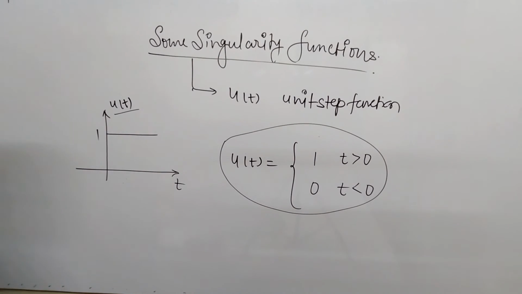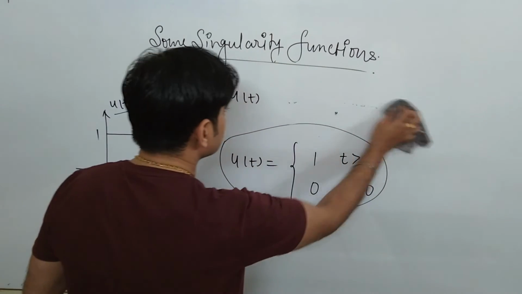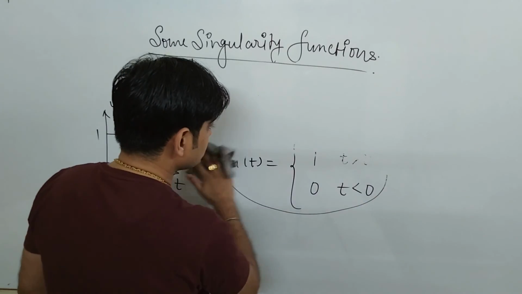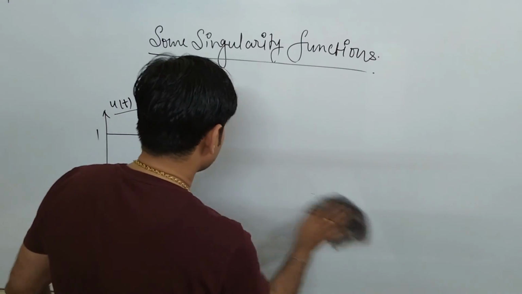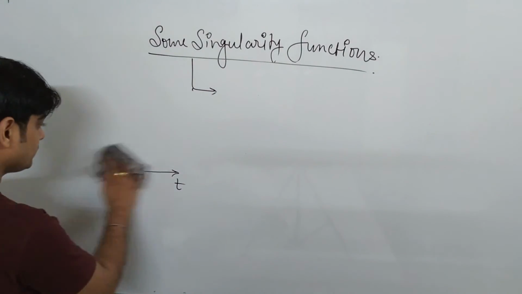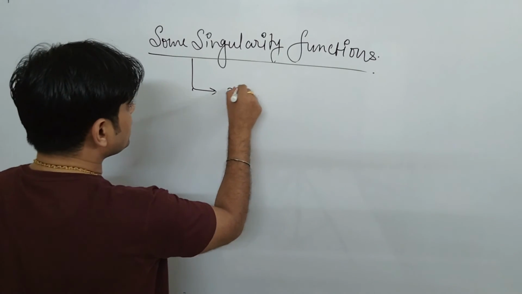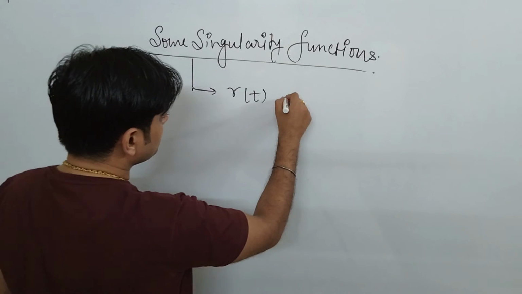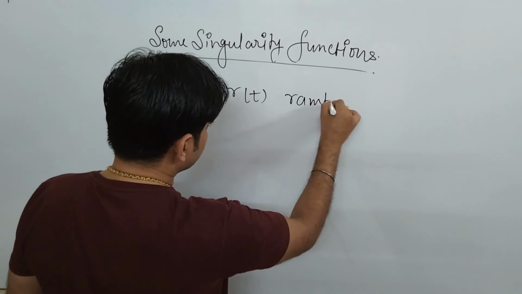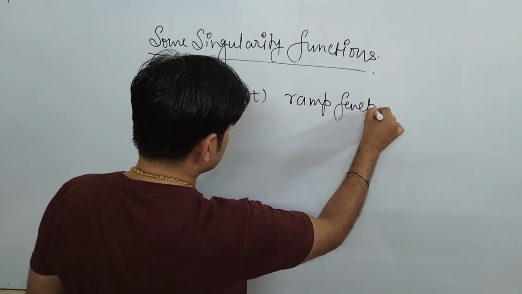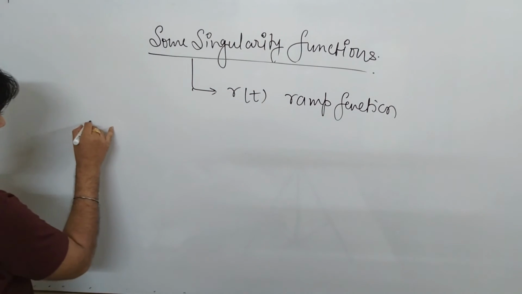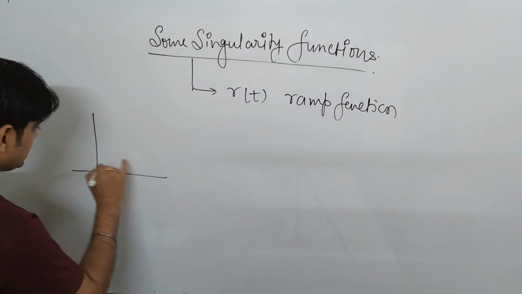Similarly, we will talk about the ramp function r(t). This is your ramp function, and it is represented in this form.